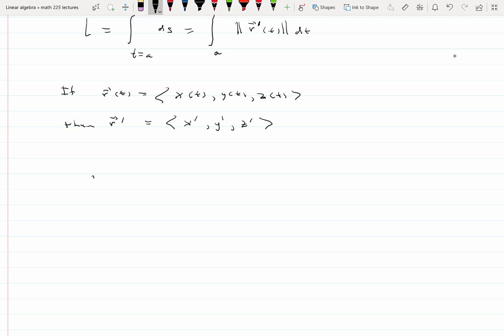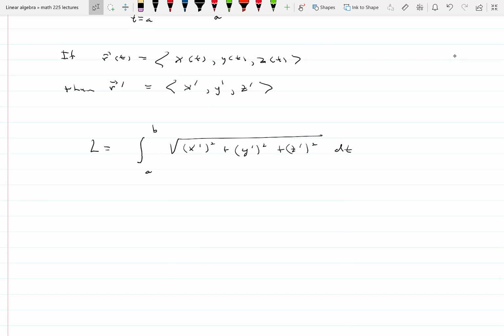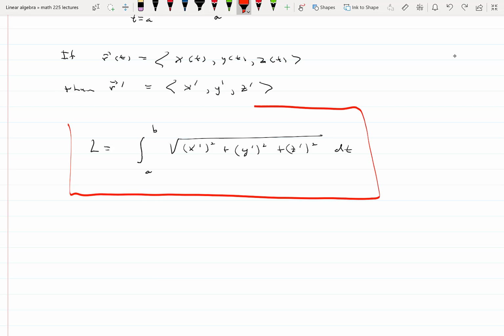So our formula for arc length finally becomes the integral from a to b of the length of r prime, which is the square root of x prime squared plus y prime squared plus z prime squared, integrated with respect to time. This is a really famous formula for the length of the space curve.